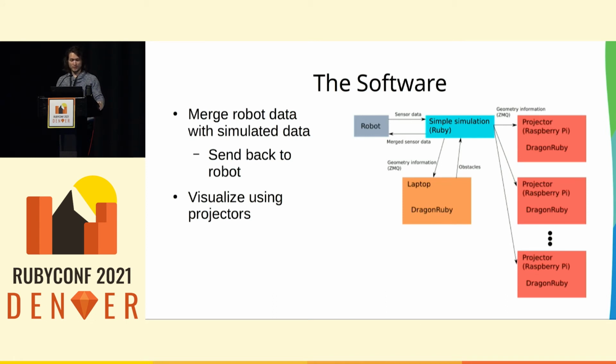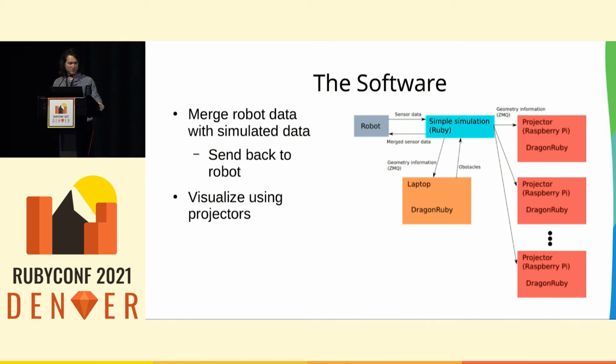So this is comprised of a few different languages, a few different systems. So the robot, primarily Elixir, C++, Python, and there's some Rust. And we actually do use Ruby and Slim for basically describing the configuration of the robot. And then we send that to the simulation, which is in Ruby.